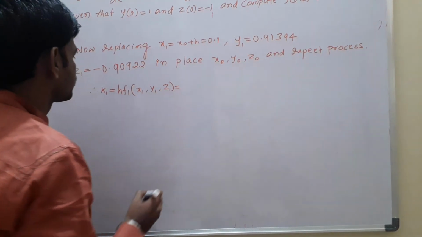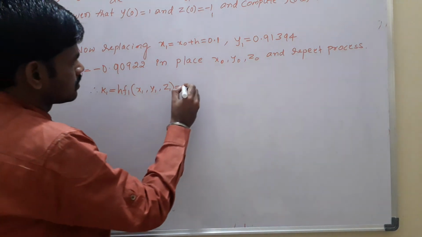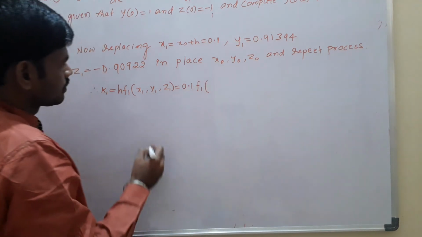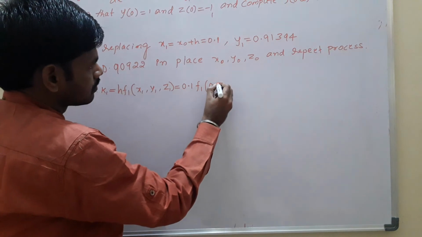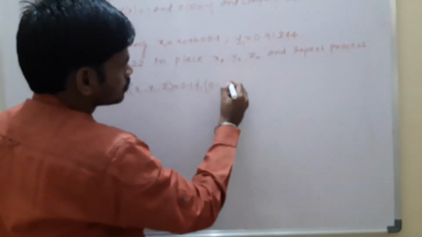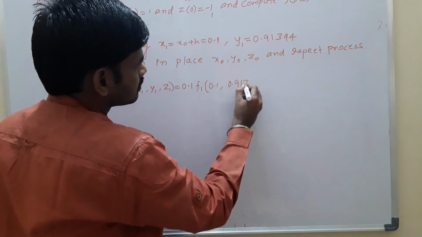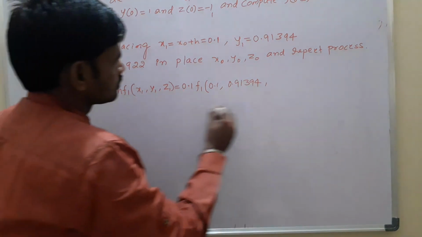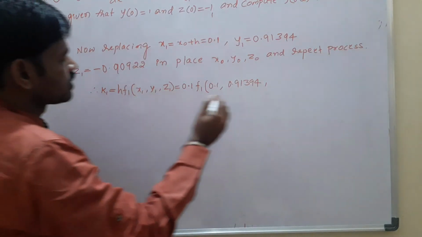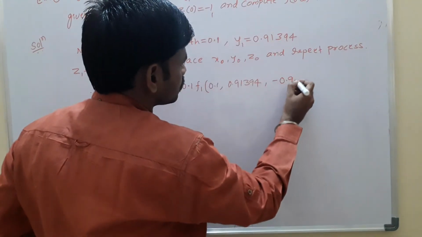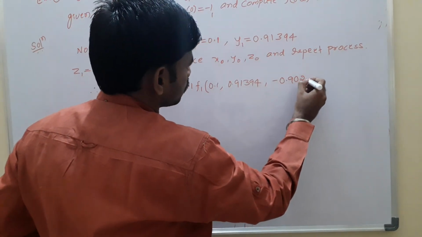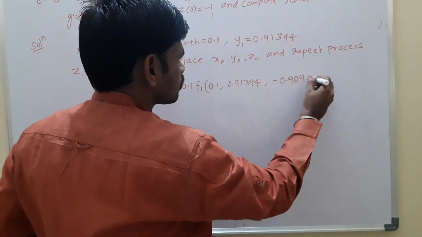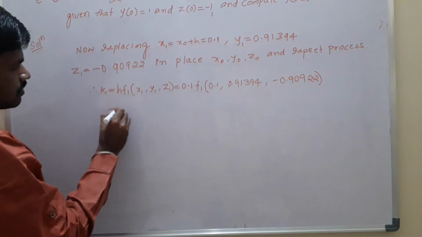That is equal to h is 0.1 and f1 of x1 is 0.1 and y1 is 0.91394 and z1 is minus 0.90922. So that is the function of 0.1.